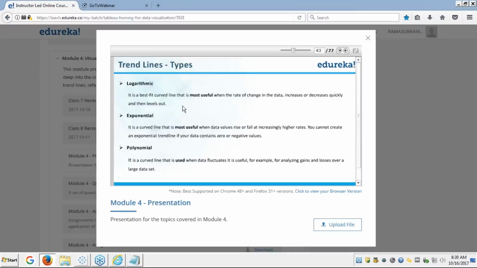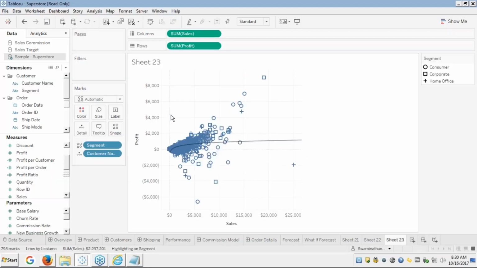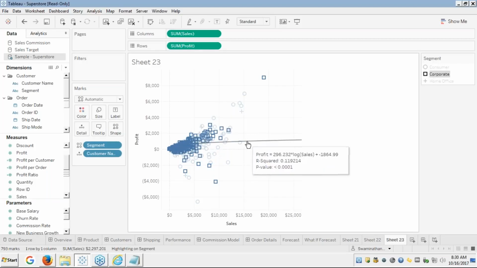So this logarithmic is best fit, most useful when the rate of change in data increases or decreases quickly and then levels out. Initially it decreased and then it is increasing and it's getting leveled out automatically. You can see that for each and every segment this is happening.